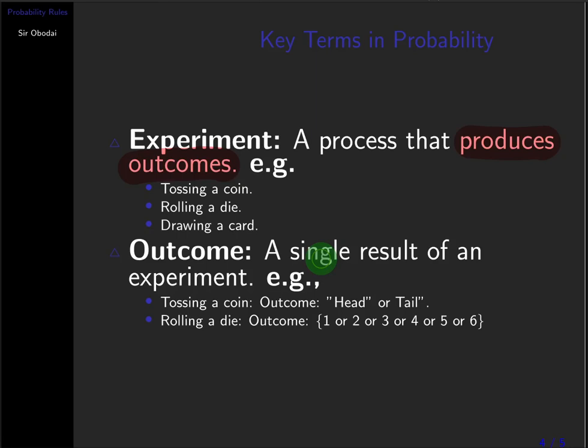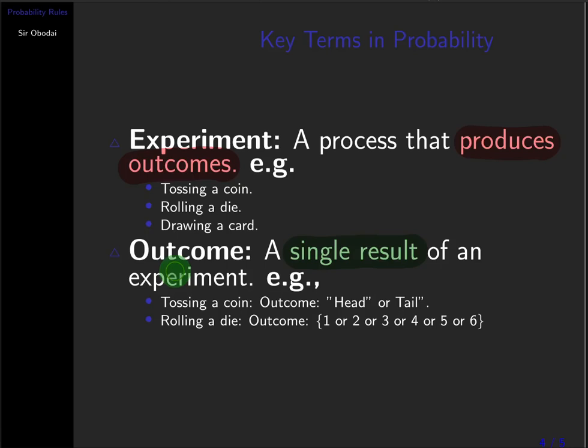Now, we are talking of outcome. What at all is an outcome? So the outcome of an experiment is just a single result of that experiment. Take note here, it says a single result of an experiment. So if you are performing the experiment of tossing a coin, if you toss it just once, what it produced becomes your outcome.